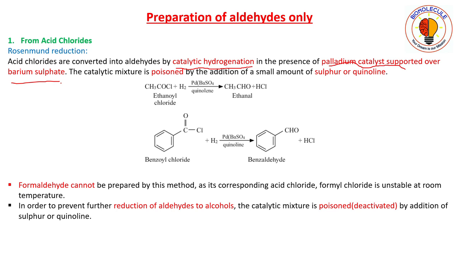That surface is here provided by barium sulfate, so barium sulfate is known as the supporter. It supports the palladium catalyst. Why is this done? First of all, to increase the surface area of the palladium catalyst.